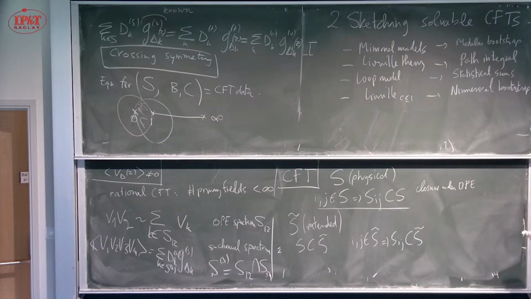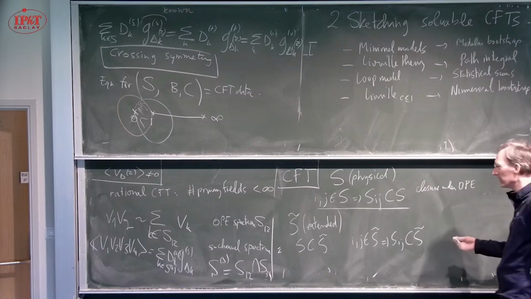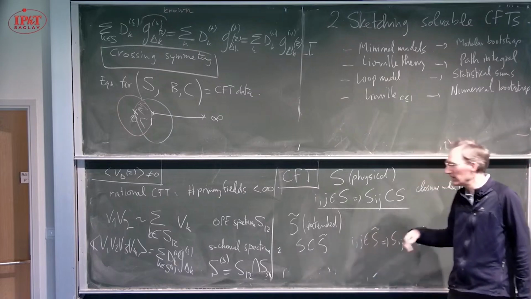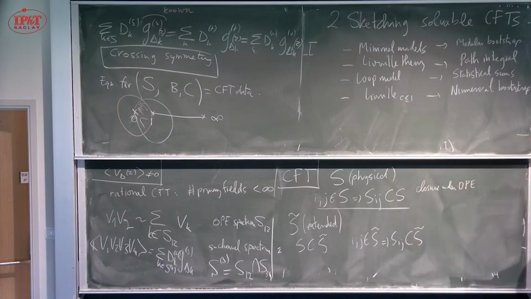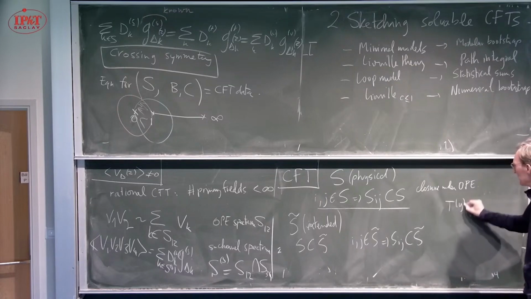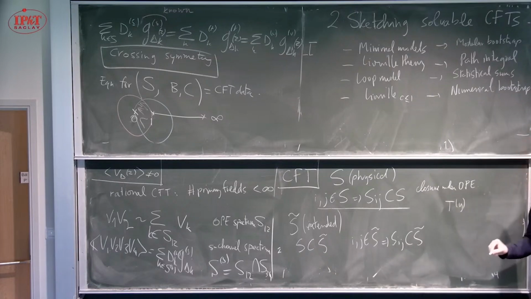So why am I doing this hair splitting and distinguishing extended from physical spectrum? It's because it's really needed if you want, for example, to solve Liouville theory. And in fact, we've already used that without saying it. Because I've been using the energy momentum tensor T of y in order to derive some constraints on correlation functions or OPEs.